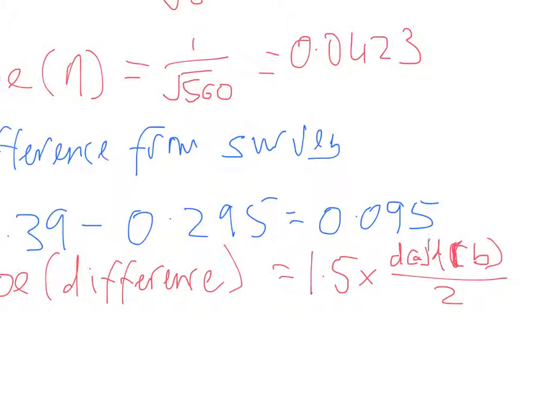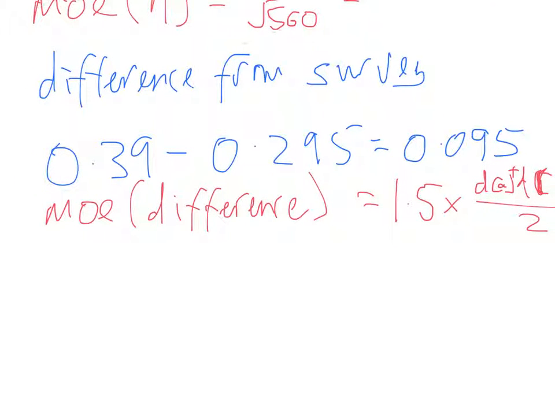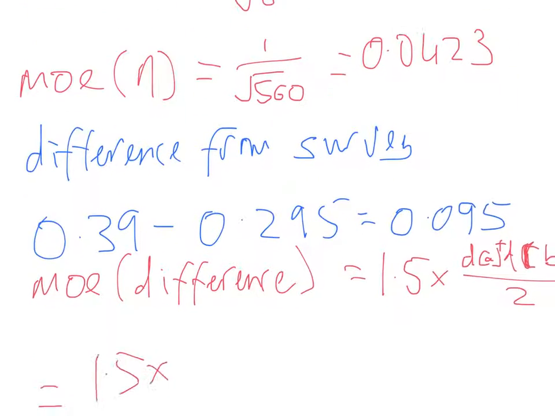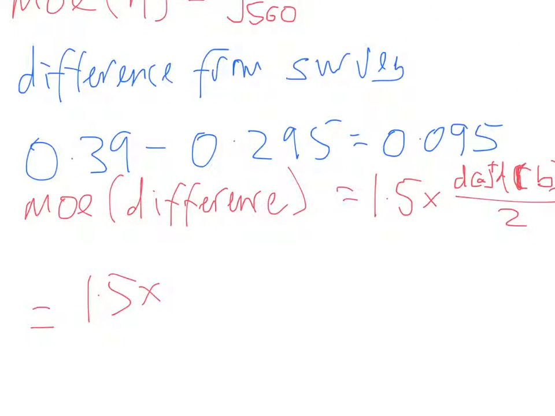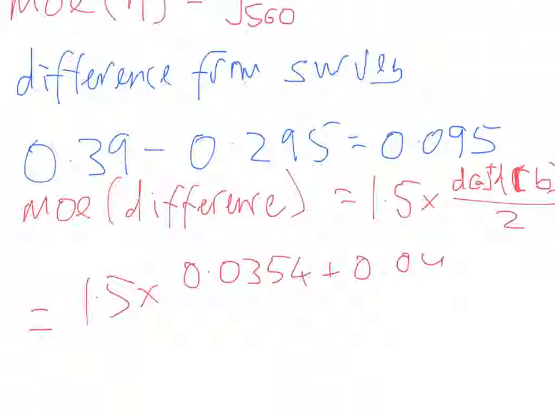So in this case, it equals 1.5 times, now difference A was 0.0354, difference B is 0.0423, all divided by 2.